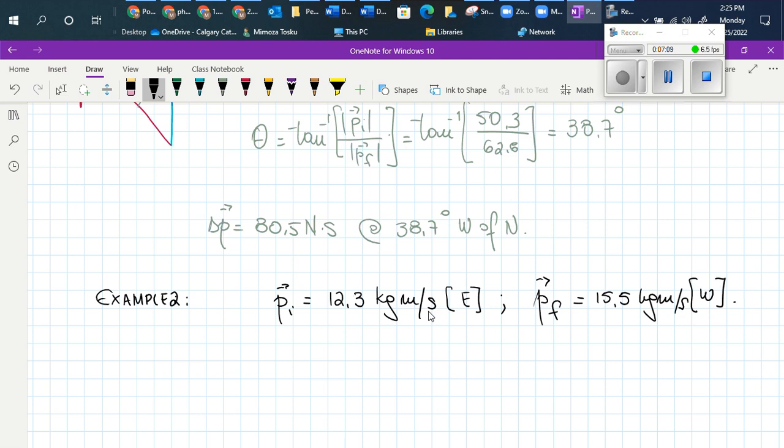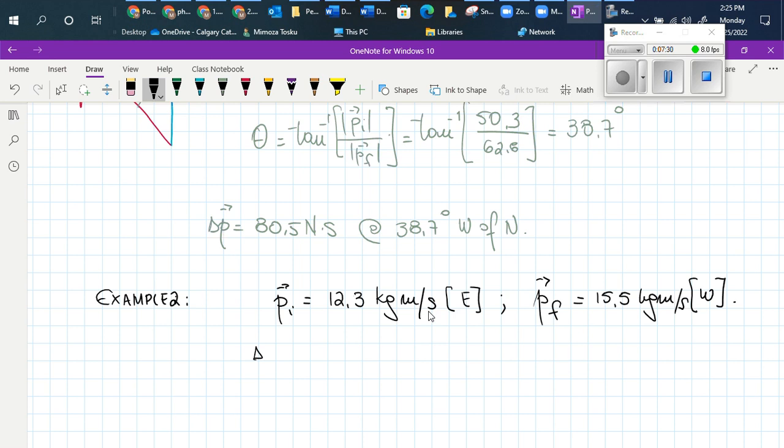So it's the same as saying that you are throwing an object into a wall, and as it is hitting the wall, it possesses a momentum of 12.3 kilograms meters per second, and then it bounces back with a momentum of 15.5.